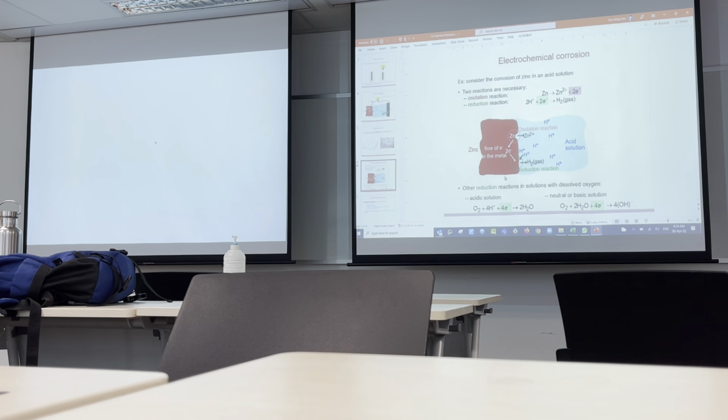Basically, any kind of chemical inhomogeneity within the steel, or in this case zinc, means one side could act as an anode and the other as a cathode. One side will give, and the other side will become the reduction process. Because this is a piece of metal, you have the conduction path where electrons are transferred from one location to another. Locally, one side will be corroding. So this is the gist of all corrosion processes.